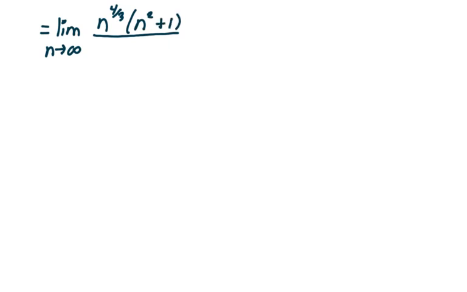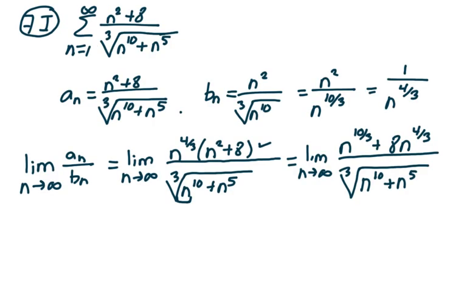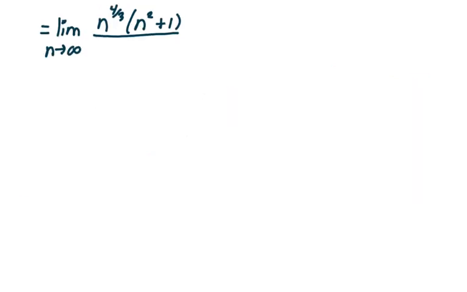So this is the limit as n goes to infinity of n to the 4 thirds times n squared plus 1, right? That's the top. On the bottom, I'm going to take the cube root of n to the 10th times 1 plus 1 over n to the 5th.